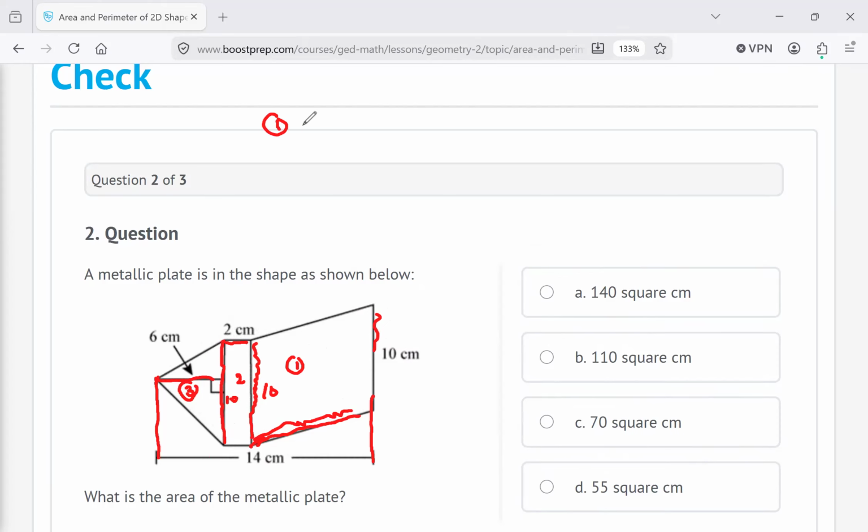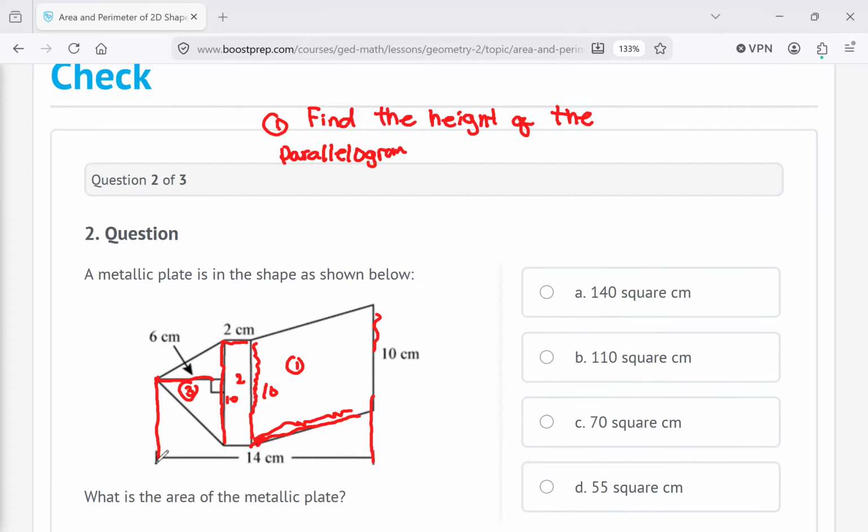I'm going to find the length of the parallelogram, which is basically to find this distance.